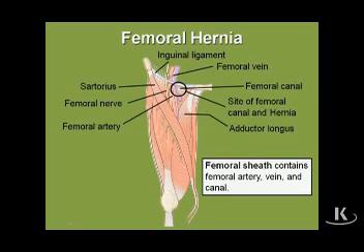Recall that we said that the inguinal canal is just above the inguinal ligament. We said that the superficial inguinal ring is right about here. And we said that all inguinal hernias emerge through the superficial inguinal ring. A femoral hernia emerges in this region here through what is called the femoral canal.